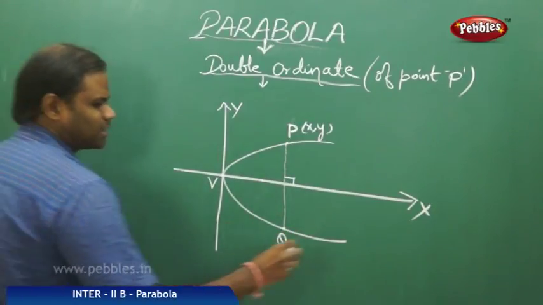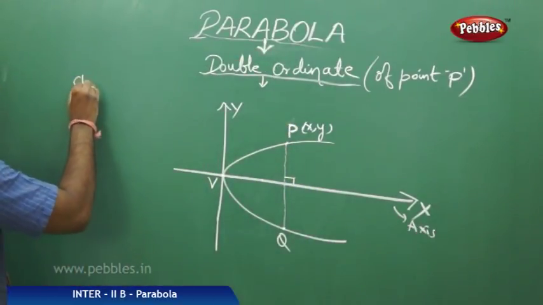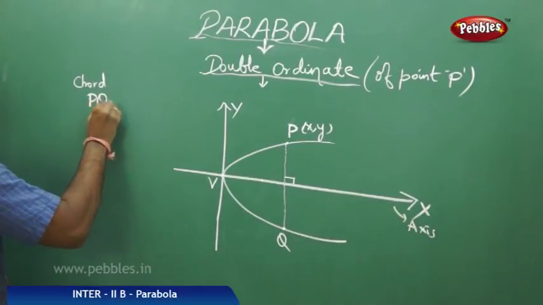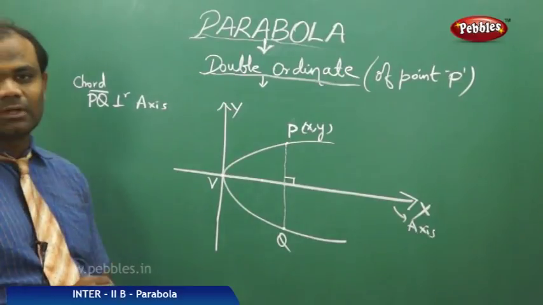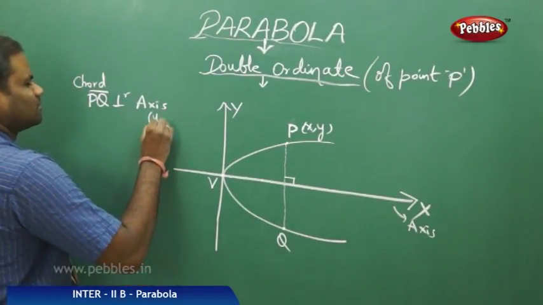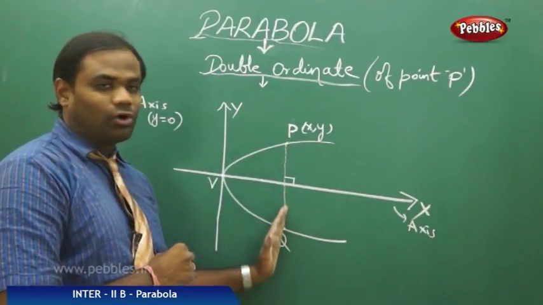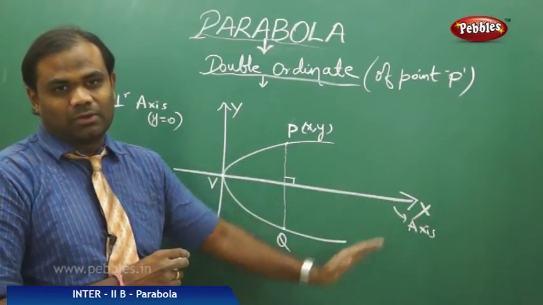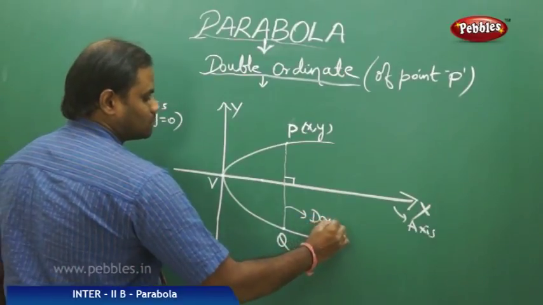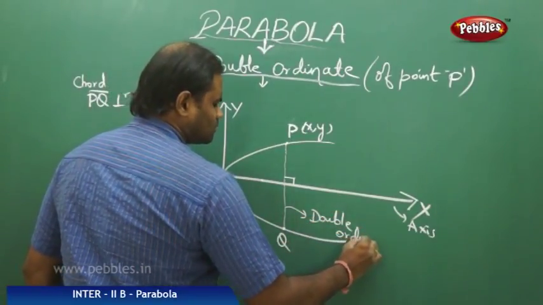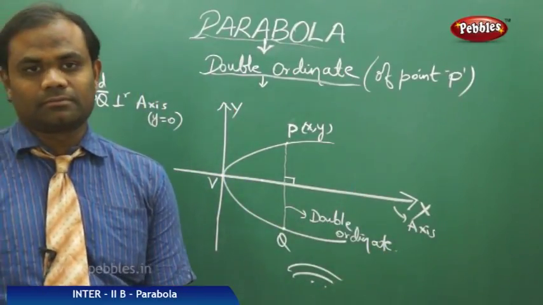So here we need to understand that this is the axis and chord PQ is perpendicular to the axis of the parabola, that is y equal to 0. So any line passing through P, which is a chord and which is perpendicular to the axis of the parabola, is called the double ordinate. That is how we understand the double ordinate.